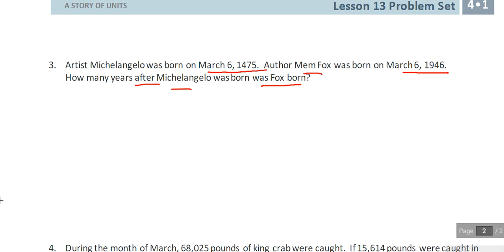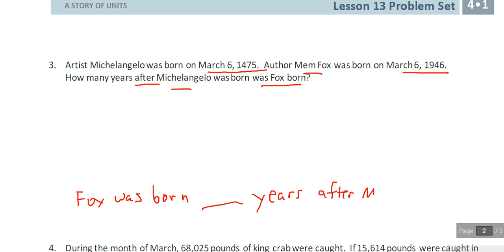So you could say Fox was born blank number of years after Michelangelo.